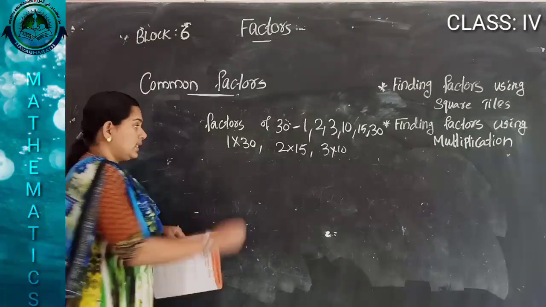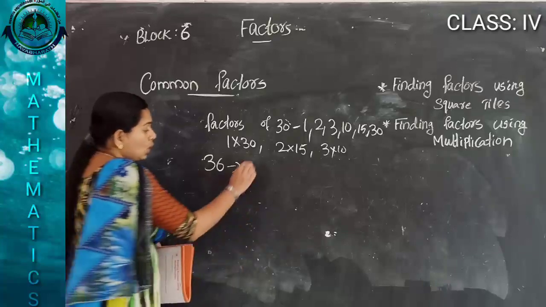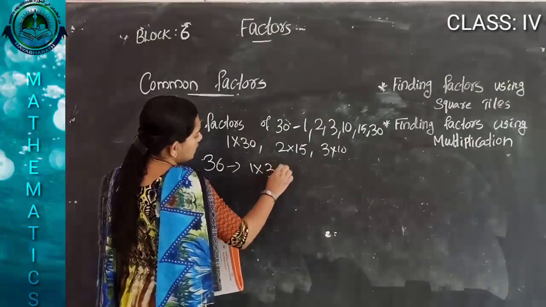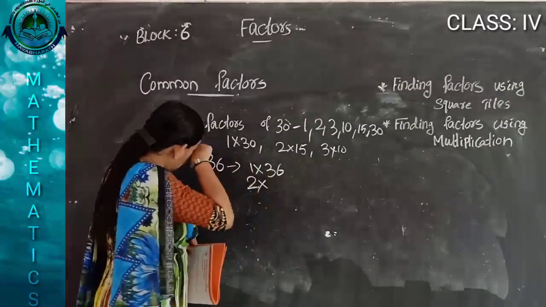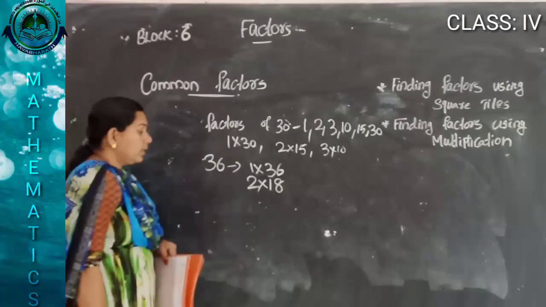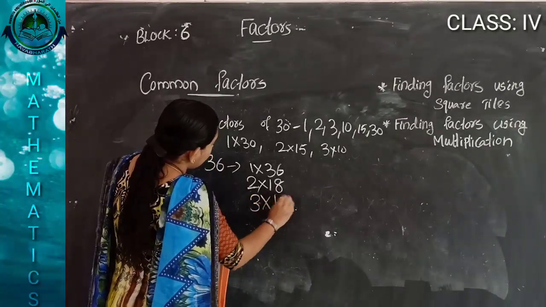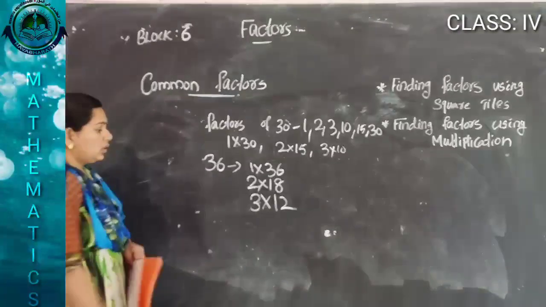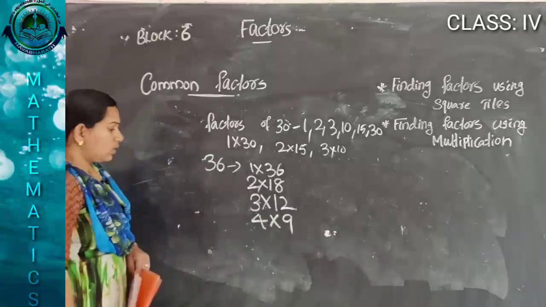Then 36. How do you write 36? 1 into 36 and 36 into 1. 2 into 18. Then 3 into 12. 4 into 9. Okay.